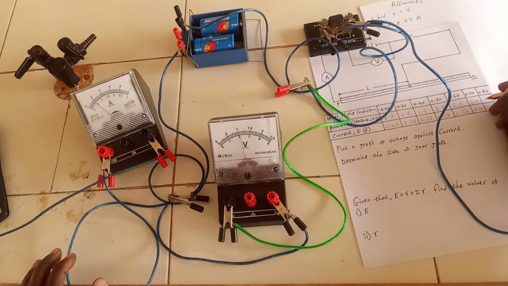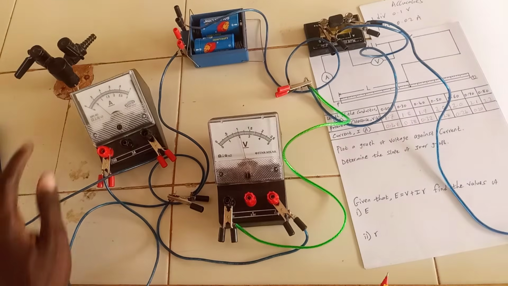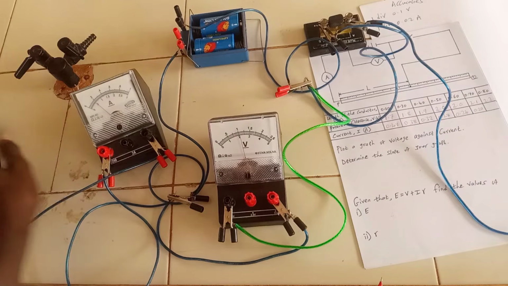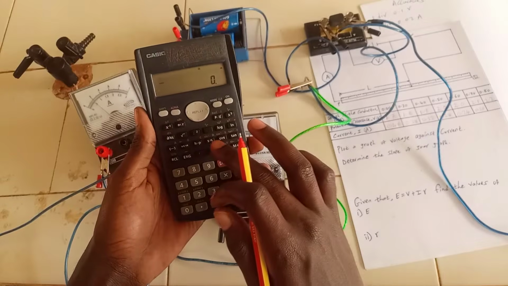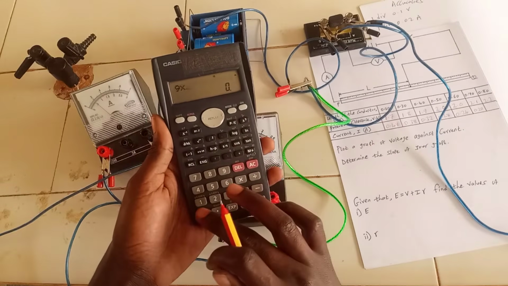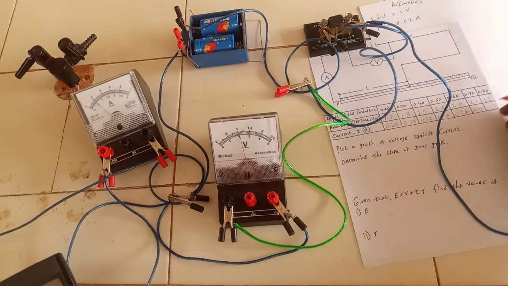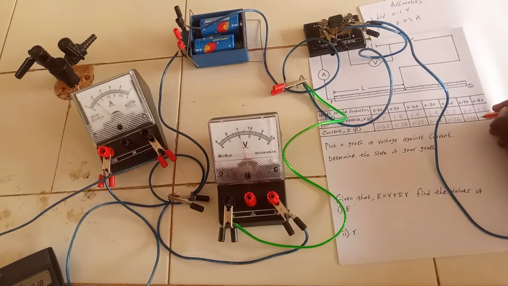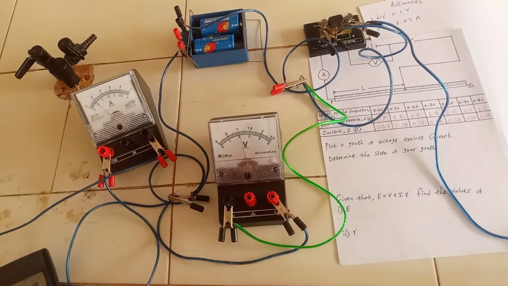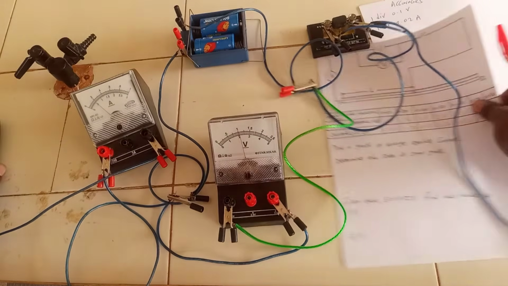So let's say that is 2.2. Then for the ammeter, we have 9 divisions. 9 times 0.02, which is 0.18. So these are the values we have now.